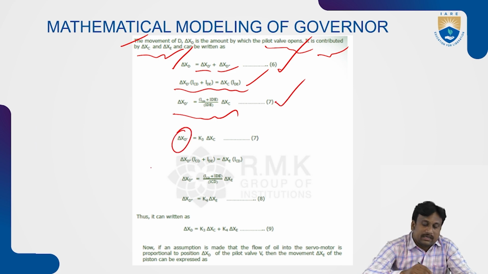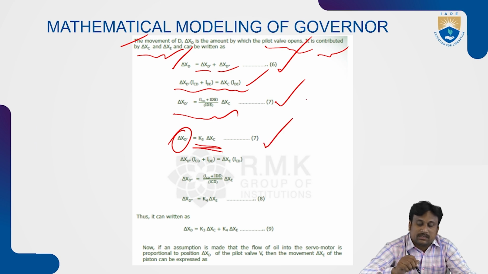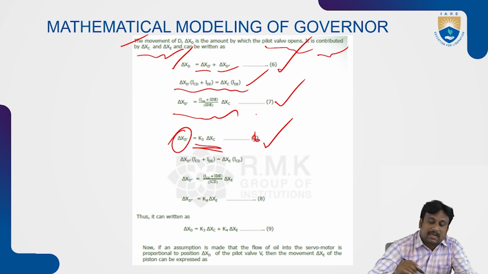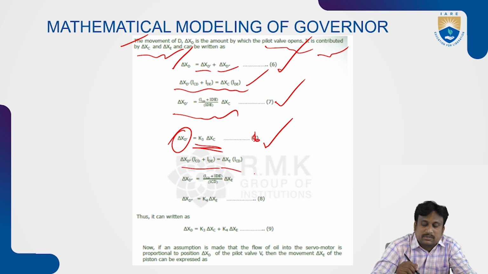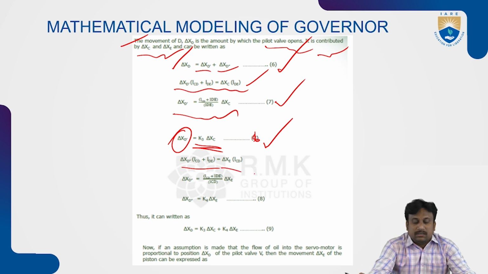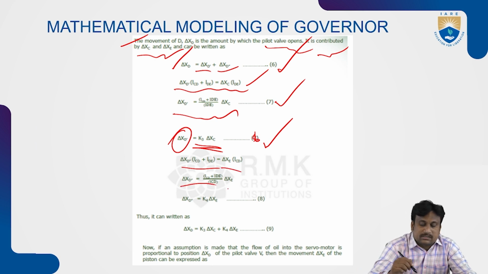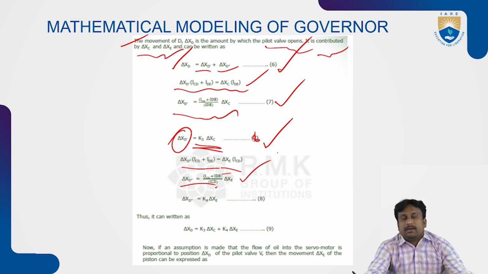So now delta xd dash is K3 delta xc, which is equation 8. So delta xd double dash, in the manner of lCD plus lDE, gives delta xe over lCD. So here delta xd double dash gives lCD plus lDE by lCD with the aspect of delta xe.